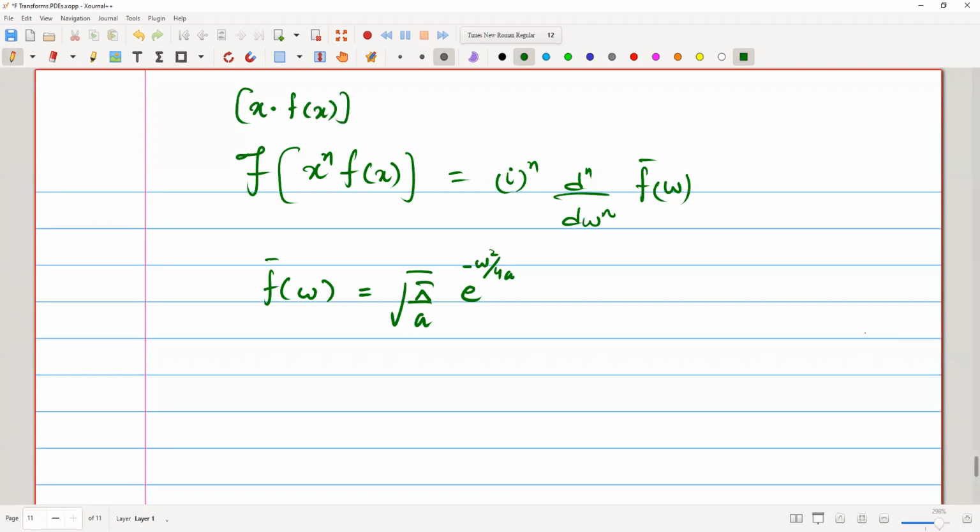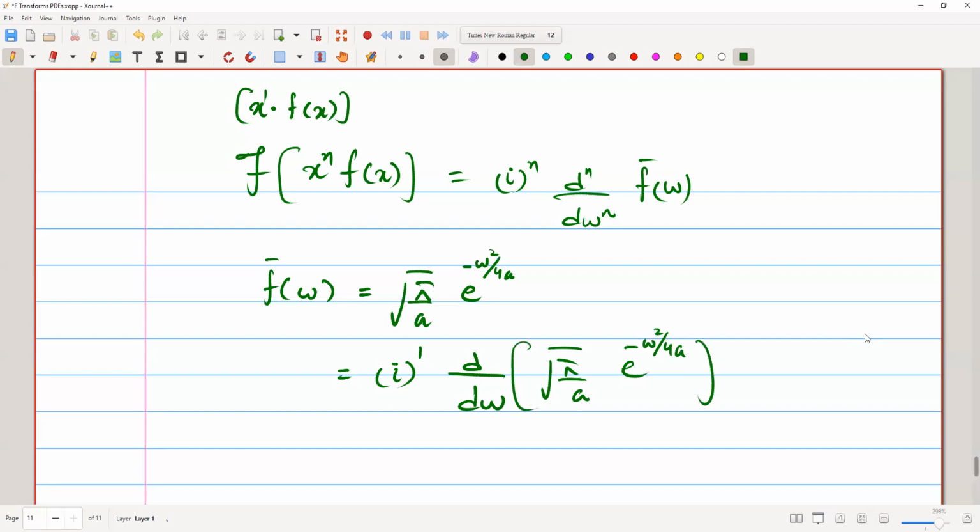So it's x times exponential to the power negative ax squared. So we can simply differentiate once. So it will be iota to the power 1 because the power of x is 1 here, and d over d omega. So simply we have to differentiate this once and we will get the desired result, right?